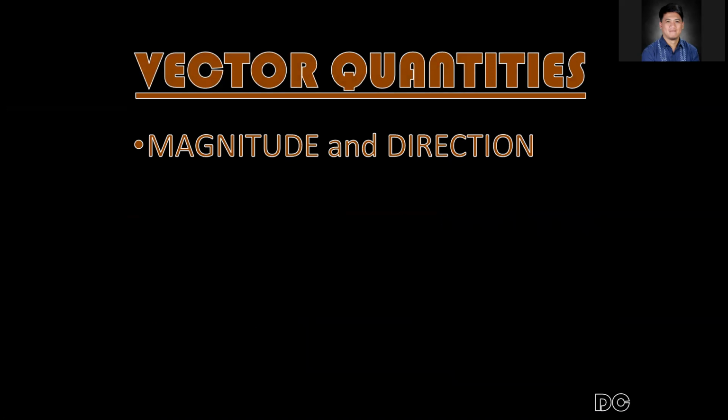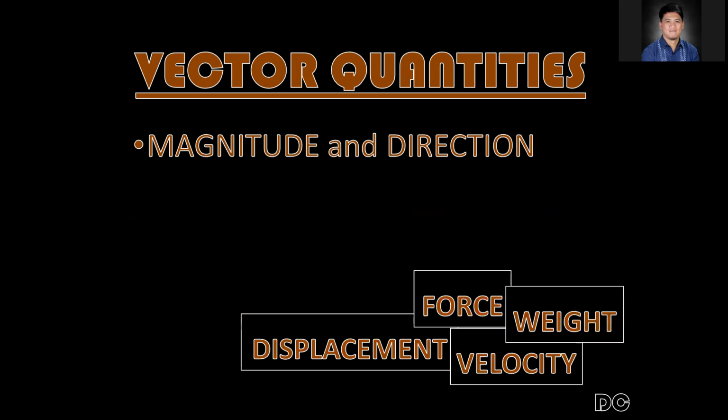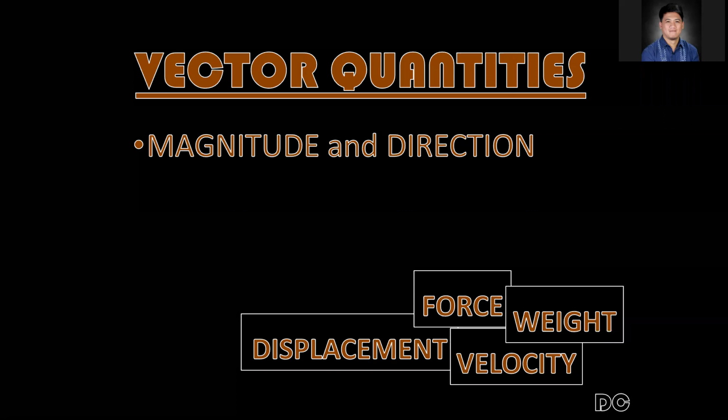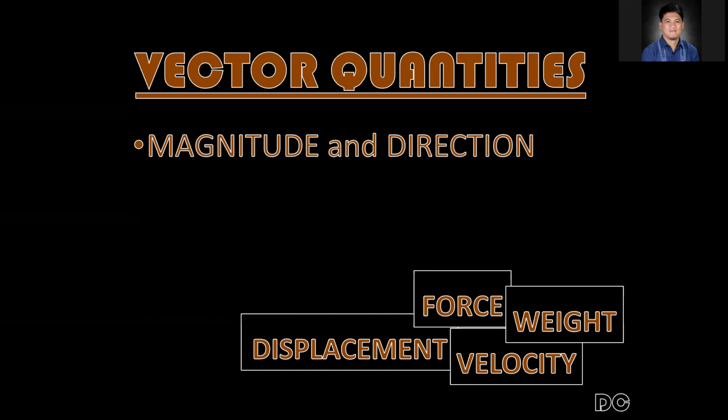Examples of vector quantities are displacement, force, weight, and velocity. A vector quantity is a numerical value, and it also has a direction.